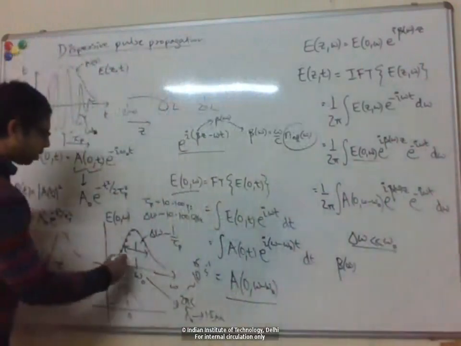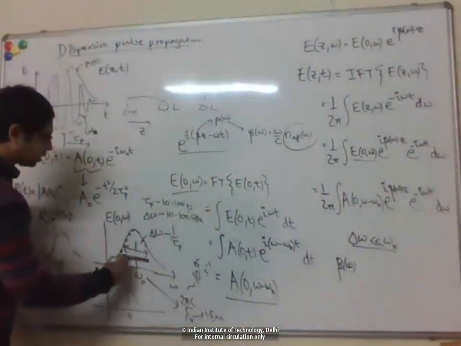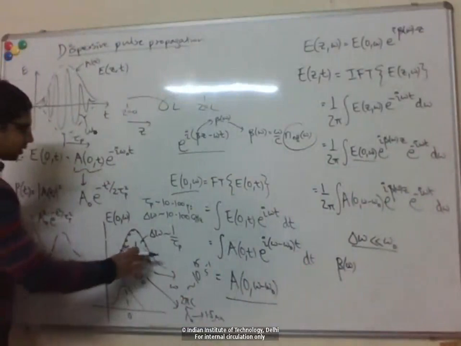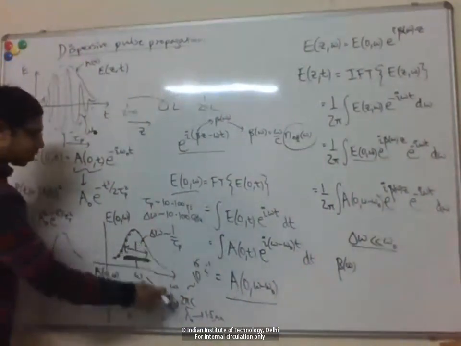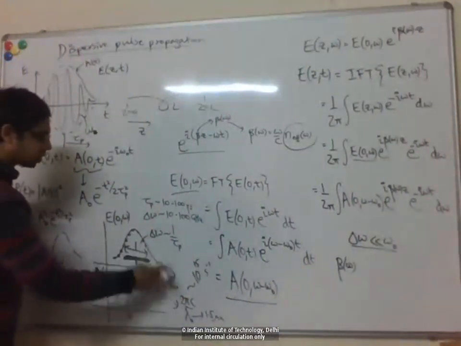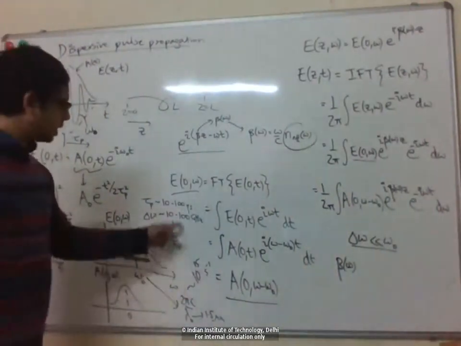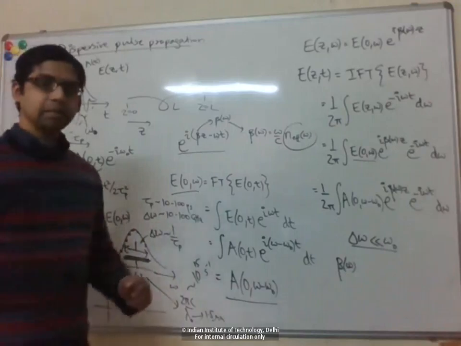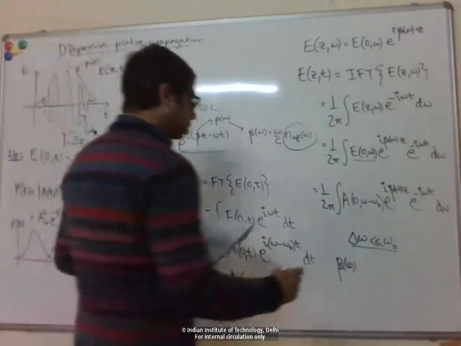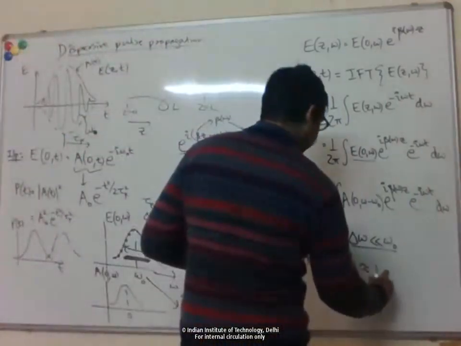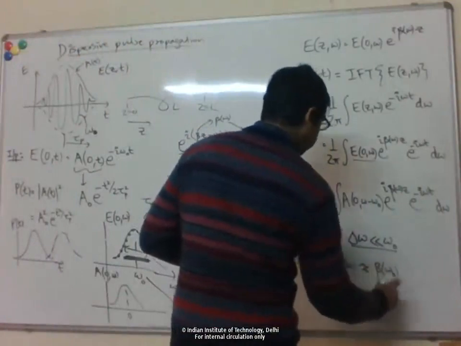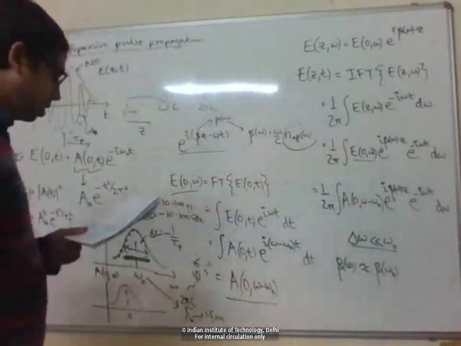So basically the omegas that we are looking at are in this small range around omega naught, where the fractional deviation from omega naught is very small, right? Delta omega by omega naught is, you can see here, like 10 to the minus 5 or something. So we can do a Taylor expansion about omega naught for these frequencies.